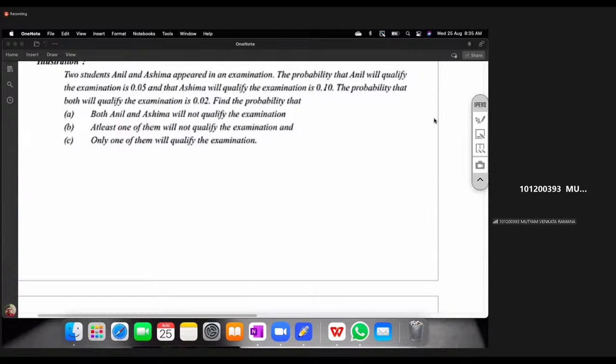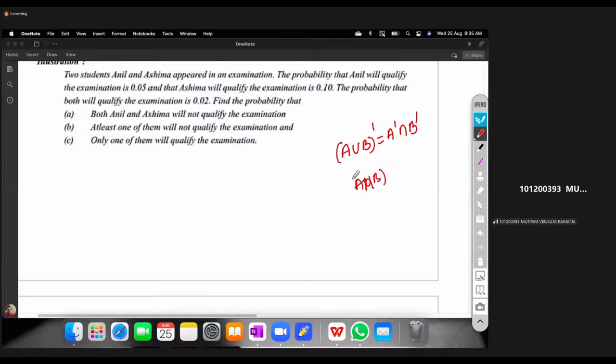That is this one. Why do you want De Morgan's law here? Like A union B whole bar is equal to A bar intersection B bar. A intersection B whole bar is equal to A bar union B bar. Okay.